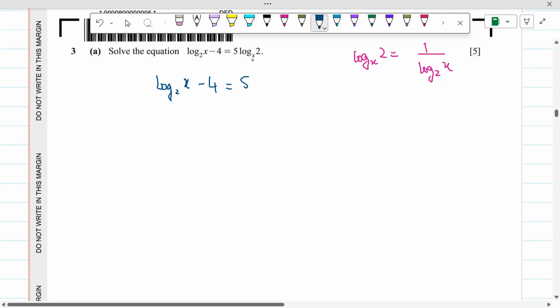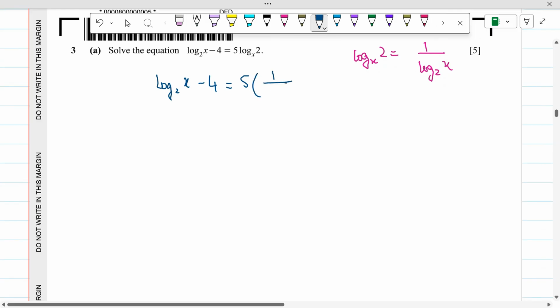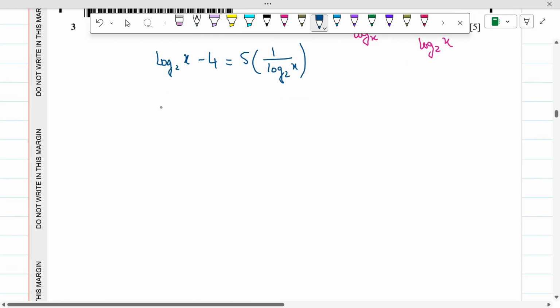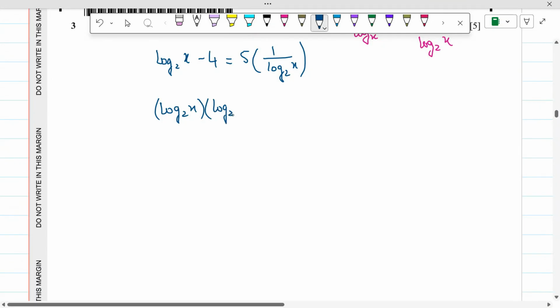So log base x2 is equal to 1 over log base 2x. So by cross multiplying, we will have log 2x times log base 2x minus 4 times log 2x is equal to 5.